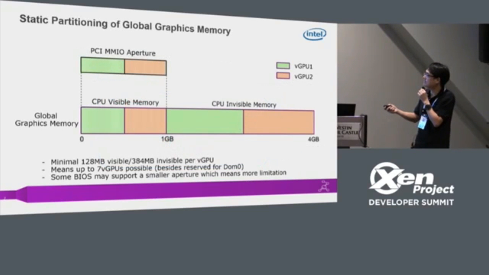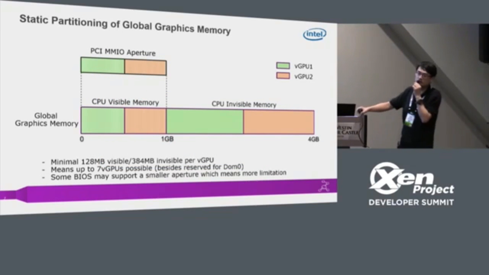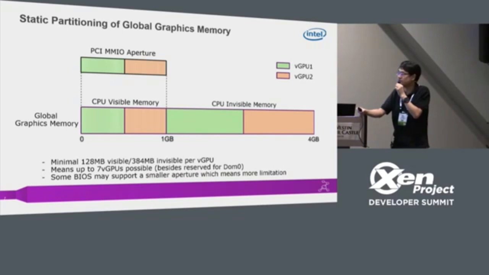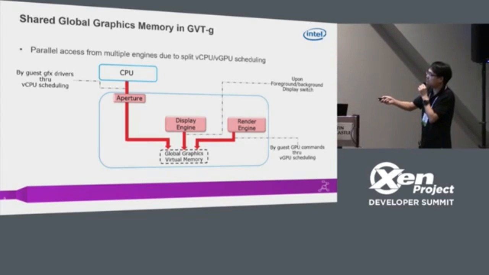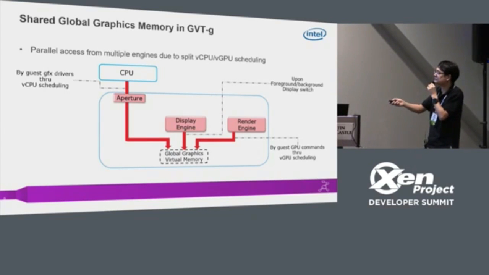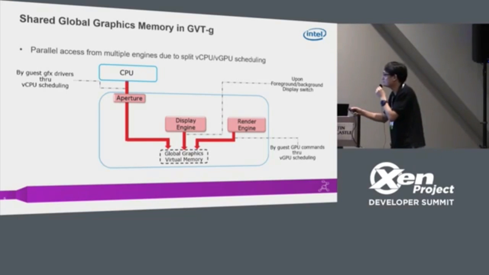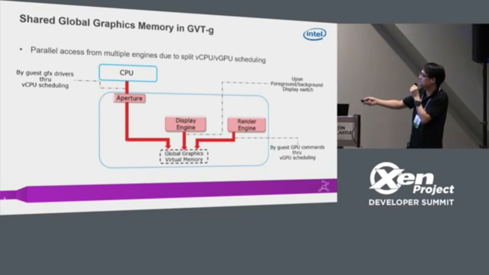But once we get into the GPTG solution, the render engine is actually shared by multiple VMs. This is time-slice sharing.